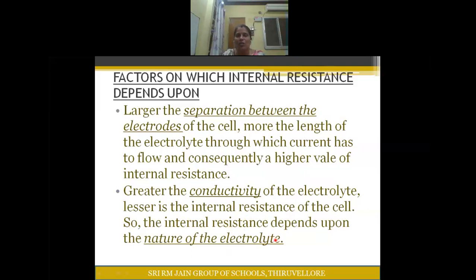So the first one is the separation between the electrodes, that is length. And these are the two factors. Let's see what is the third factor.